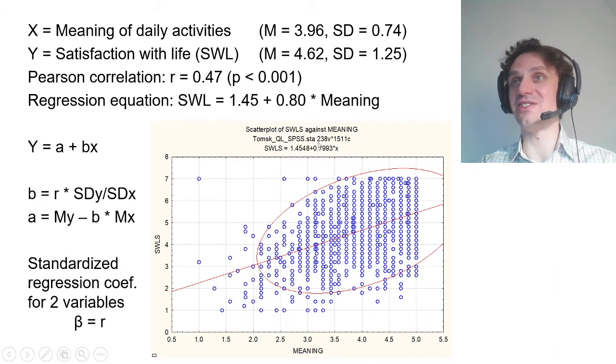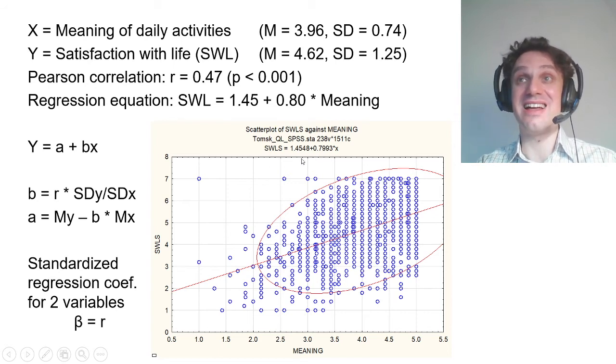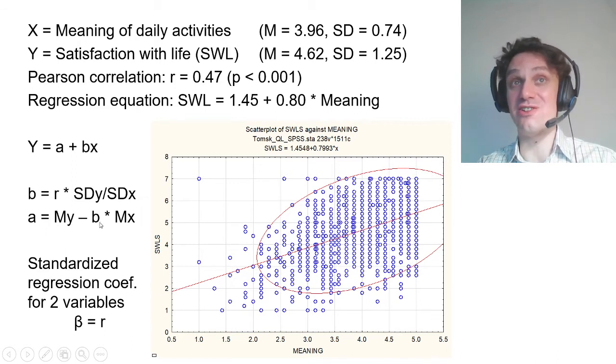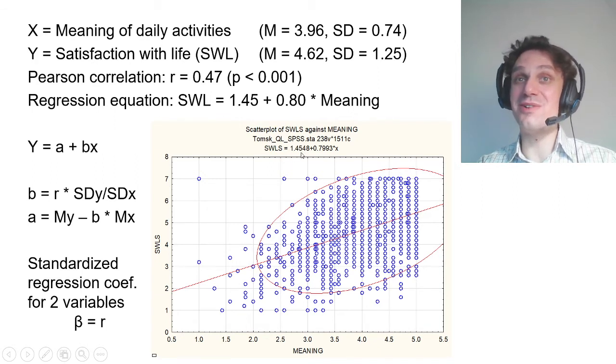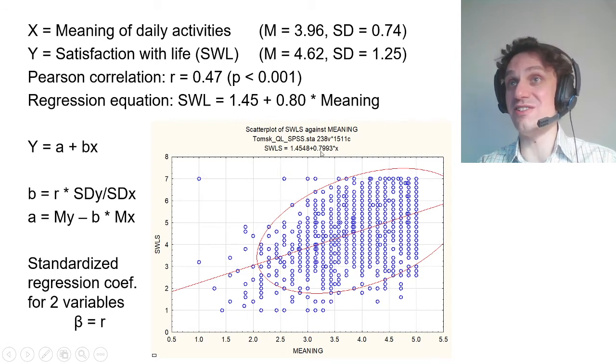And it's here calculated automatically by the software package Statistica that I used for this graph. And the intercept we can also calculate if we know the two means and if we know this slope. So it's basically this. And this intercept a equals 1.45. So if we want to actually predict satisfaction with life based on the meaning of daily activities, we would need to multiply this raw score for meaning by 0.799 and add 1.45.